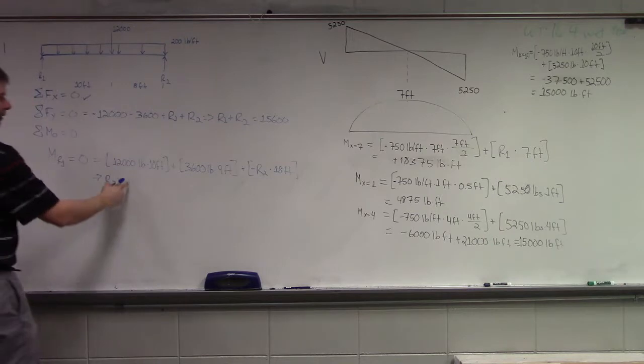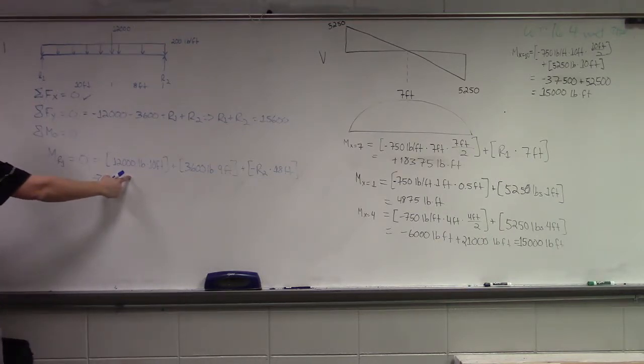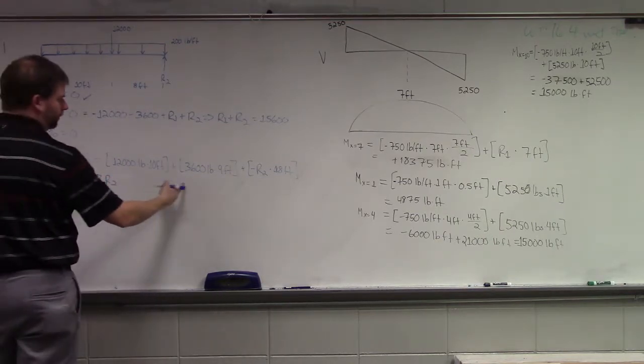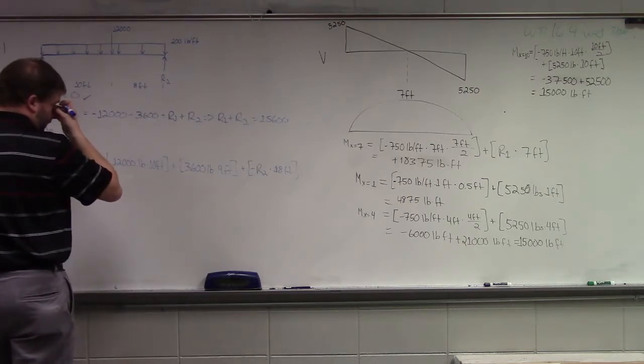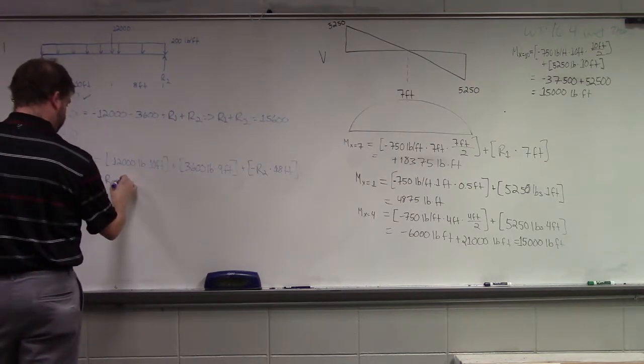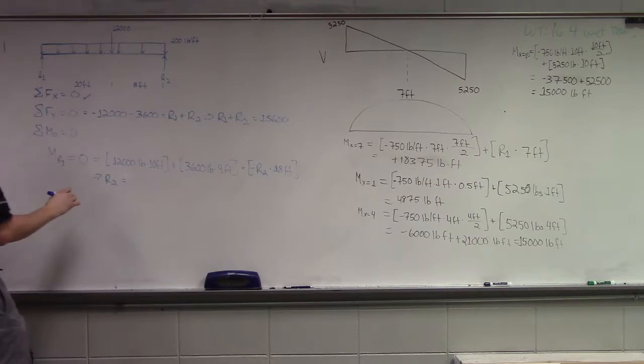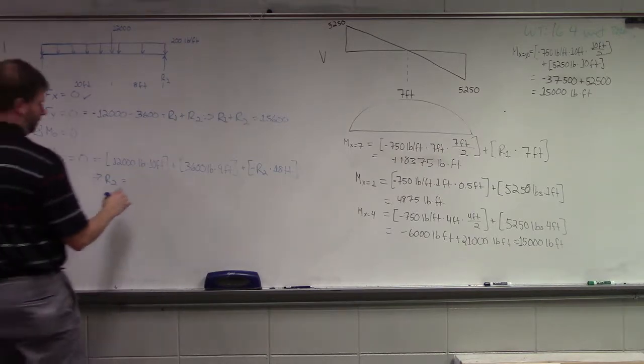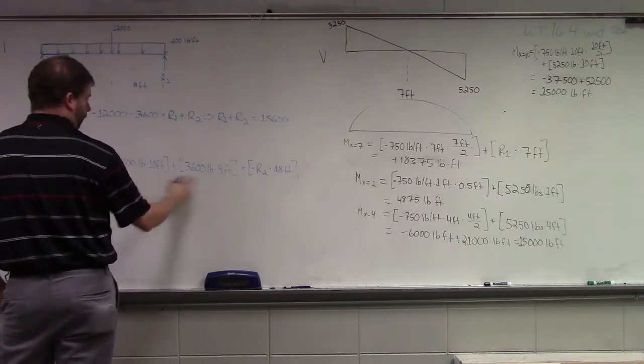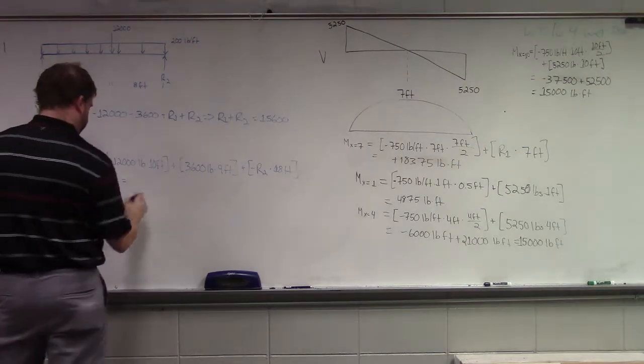So R2 equals 120,000 plus the rest. I got 152,400 for the sum total. But then you divide by 18. Oh yeah, sorry.